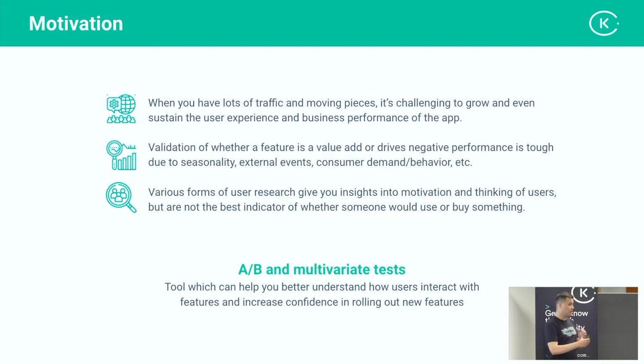As I said, there's a ton of users, there's seasonality in place, there's even world events that can have a huge impact on what you're actually doing, which we at Kiwi really know something about. Which makes it tough, if you launch something and look at before and after, to actually attribute any of those changes to what you actually did.